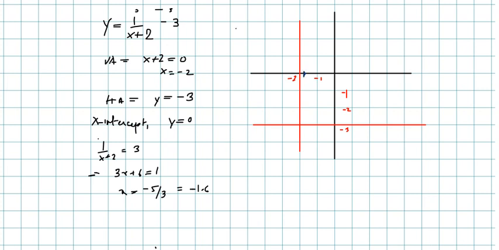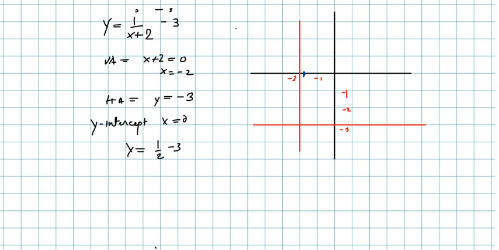Okay. Now, let us see what about the y intercept. So, for the y intercept, we will take x equals 0. So, if we take that, we get y equals 1 by 2 minus 3, or 1 minus 6 by 2, which is minus 5 by 2.